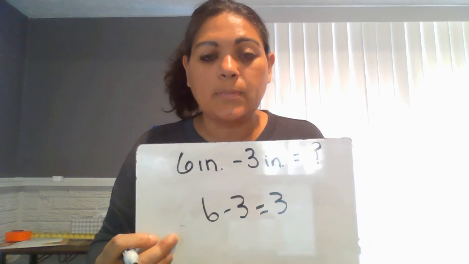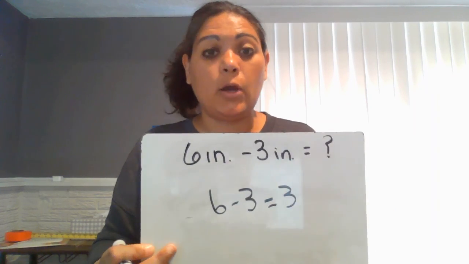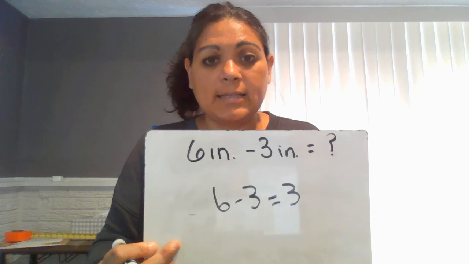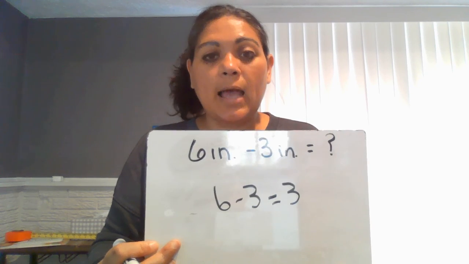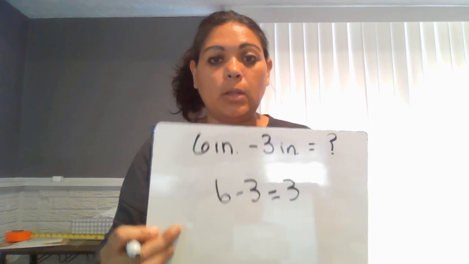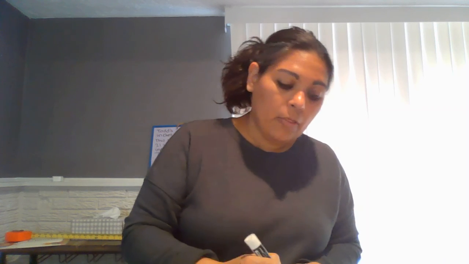So let's go ahead and respond to my question in a written form, or a sentence. So my question was, how much longer is the red block? The red block is 3 inches longer.